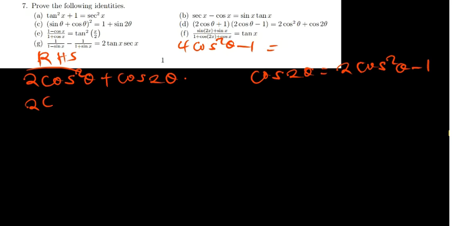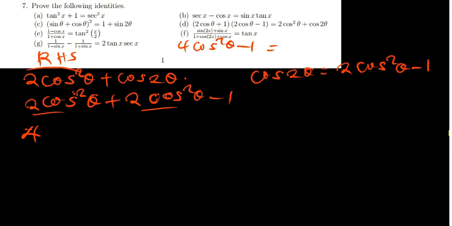So I'm going to say I have this plus 2 cos squared theta minus 1. So these two are going to give me 4. So I'll have 4 cos squared theta minus 1. You can see that what I have is the left hand side.